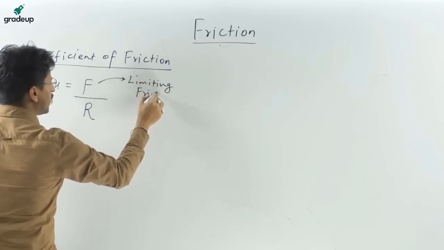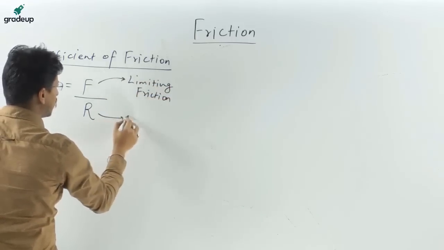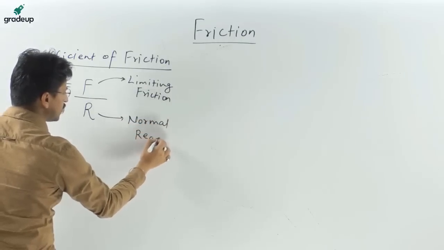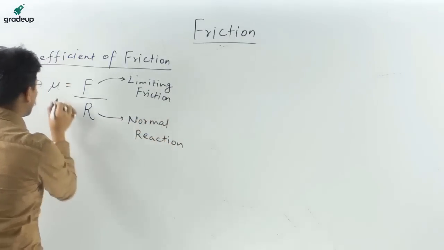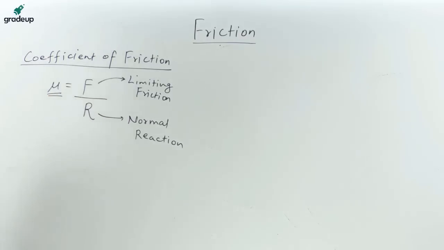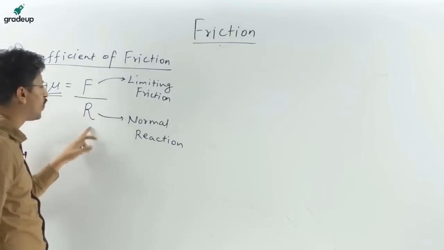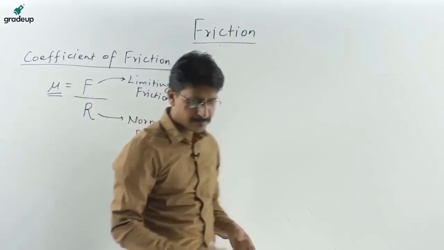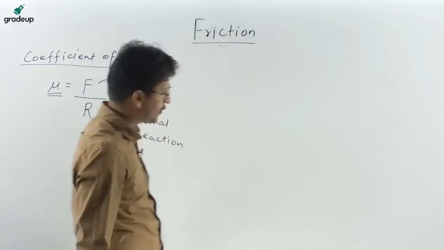This is the limiting friction and this is the normal reaction. The ratio between them is known as the coefficient of friction. That is why this friction force comes out to be F equal to mu R.